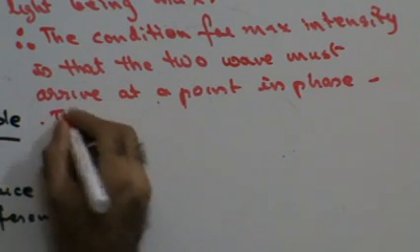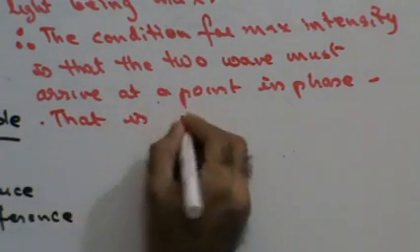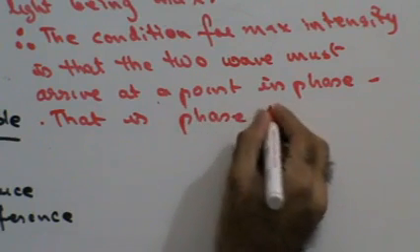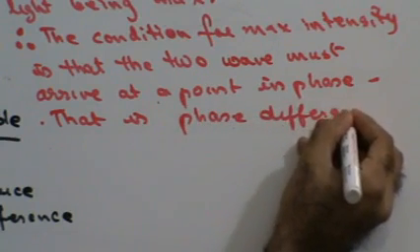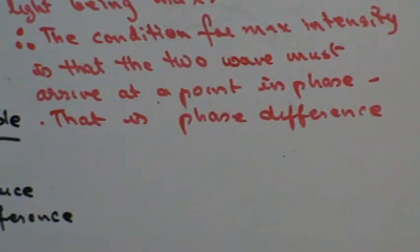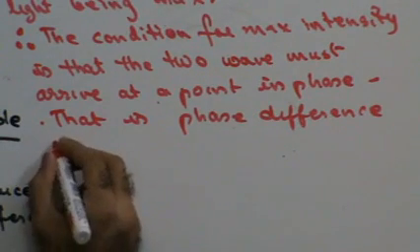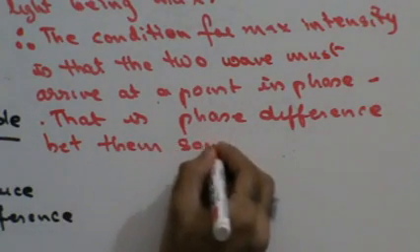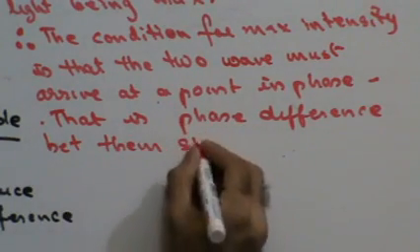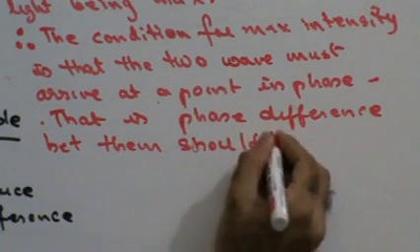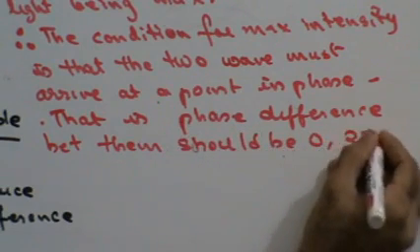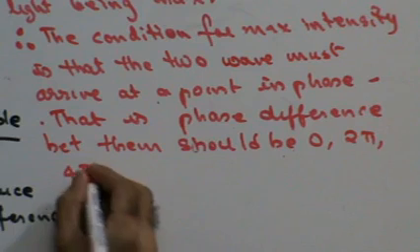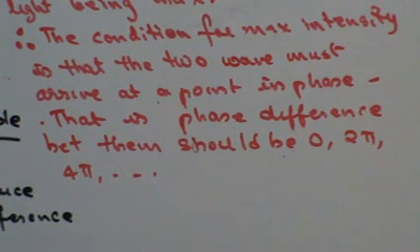That is, the phase difference between them should be either 0 or 2 pi or 4 pi or so on. 2 pi because the complete wave gets over at 2 pi.